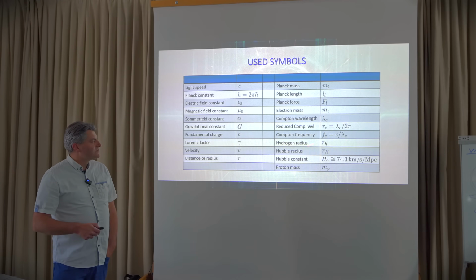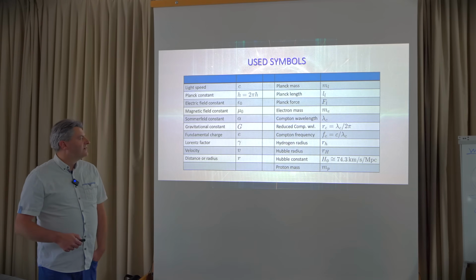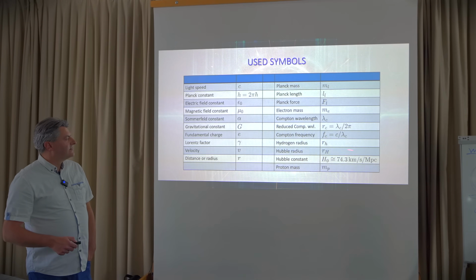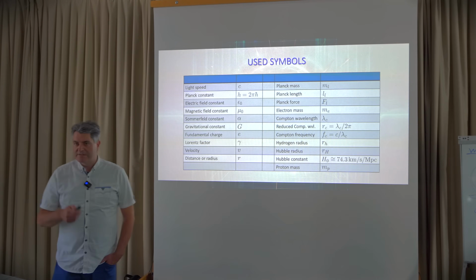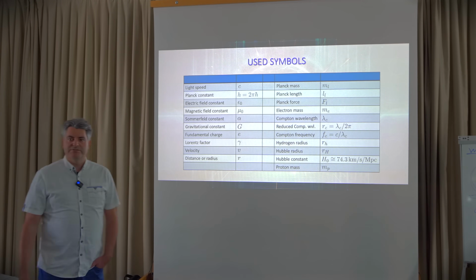Please do not confuse the symbols for the hydrogen radius and the Hubble radius. Yeah, pretty similar. I also stated explicitly the value for the Hubble constant that I use, because there is still some uncertainty about what the correct value is.